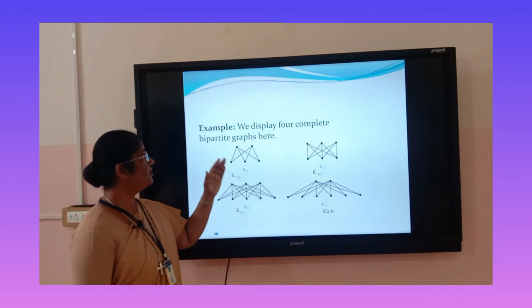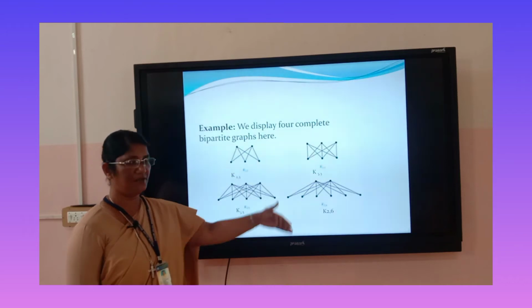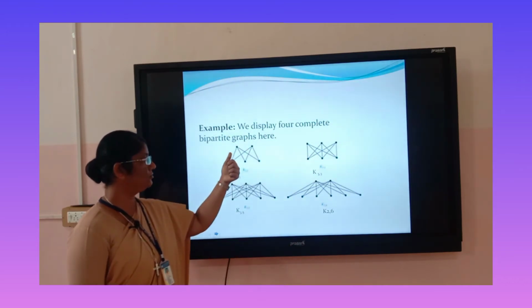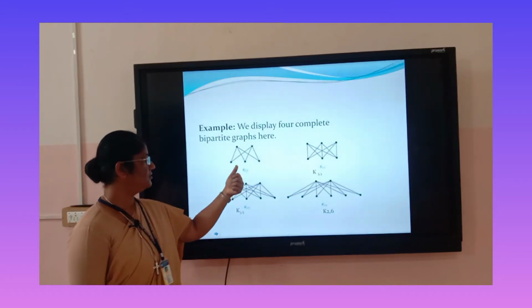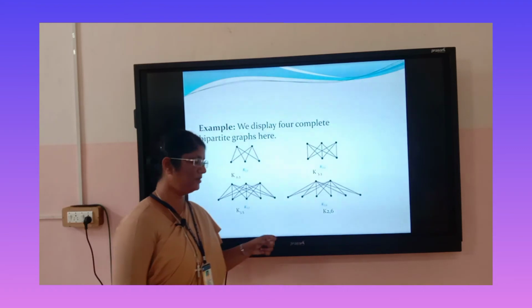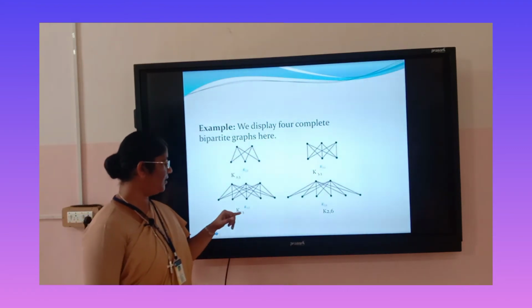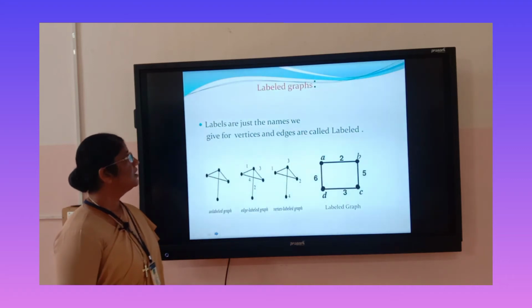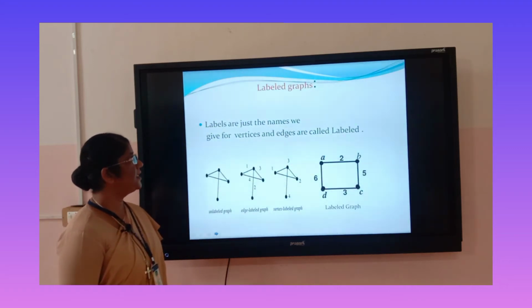Example, here I have given four complete bipartite graphs. First graph K(2,3), there are two vertices and 3. So we can name this graph K(2,3), the second graph K(3,3), the third graph K(3,5), the fourth graph K(2,6).